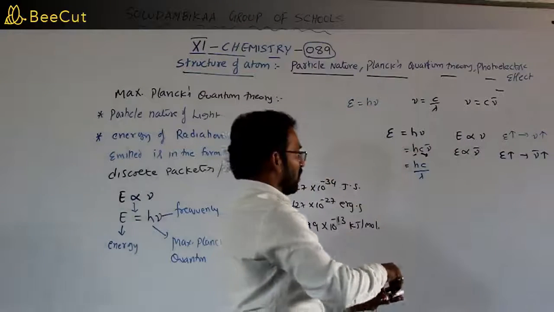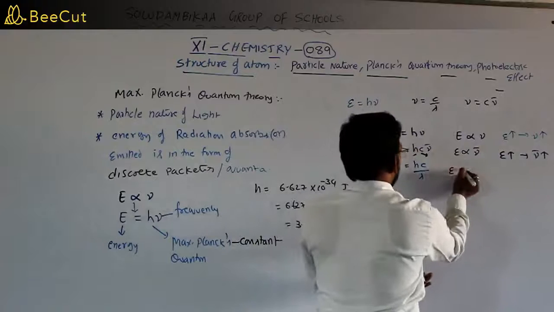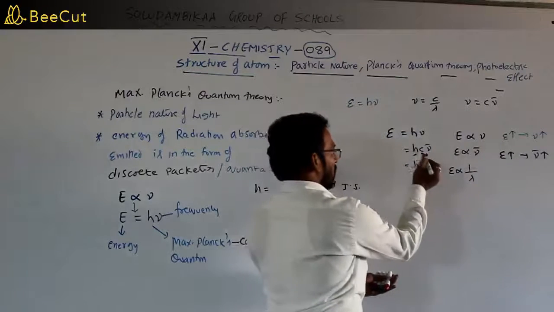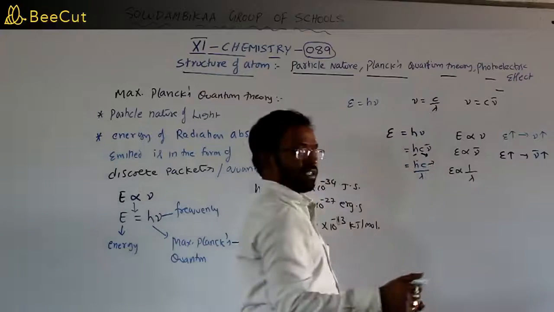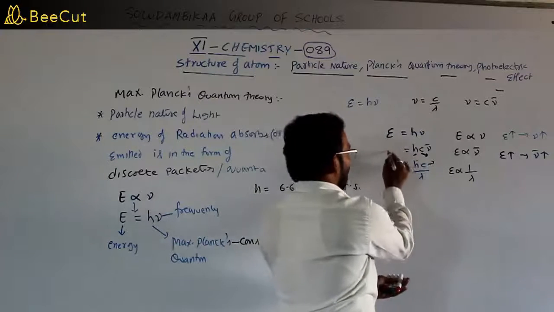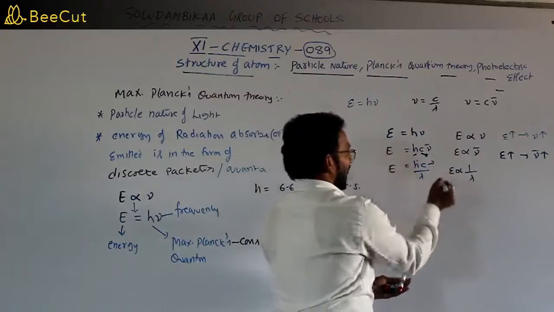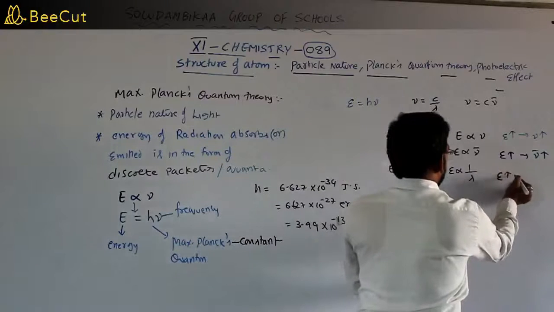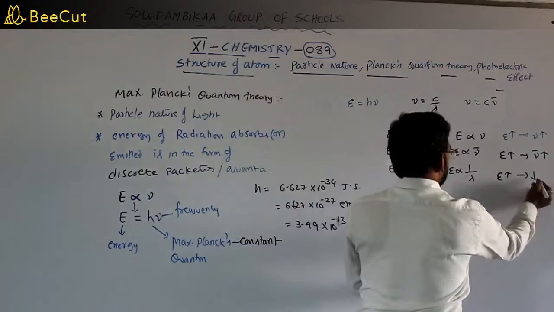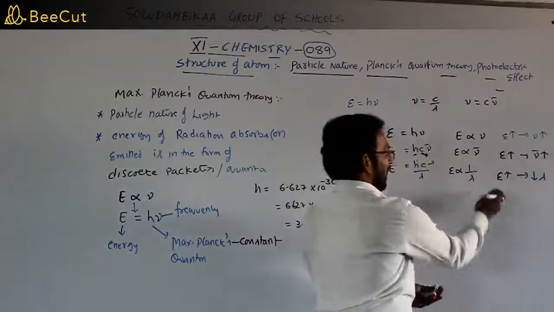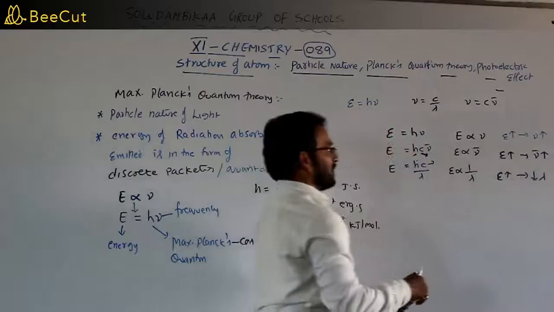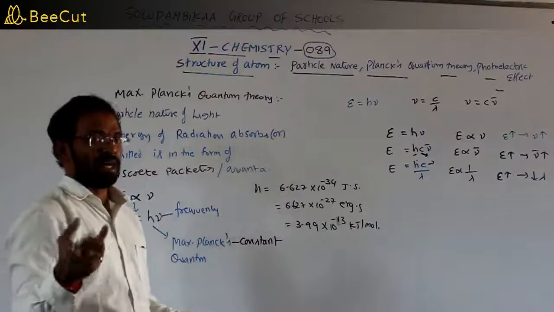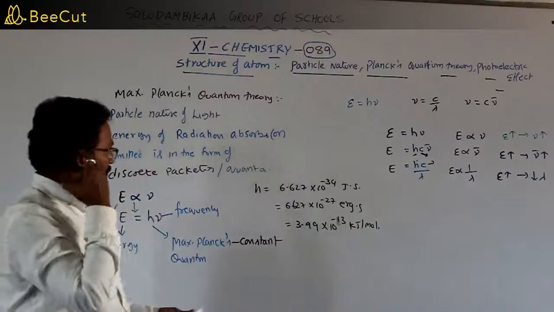In the third expression, E is inversely proportional to lambda, because Planck's constant and velocity of light are constant. So as energy increases, lambda decreases. With a decrease in wavelength there is an increase in energy. These are the various phenomena given from Max Planck's quantum theory.